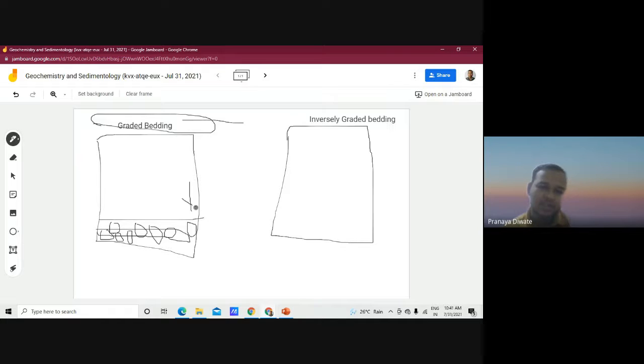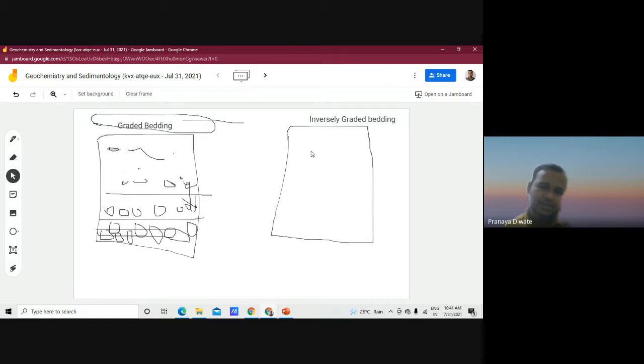Then you have medium grade, then a finer grade, and then a very small grain here. So this is a gradation from coarsening to fining.